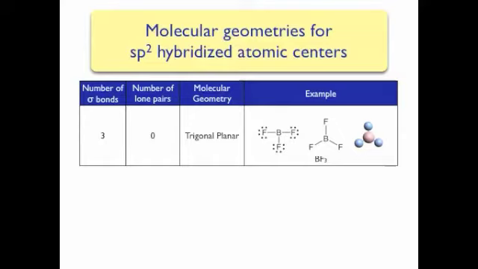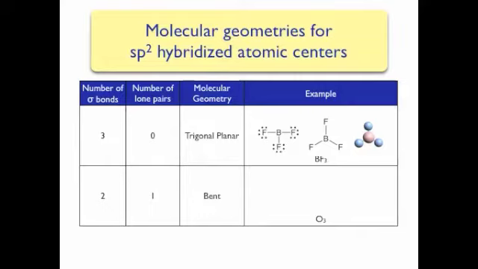An example of a trigonal planar molecule is boron trifluoride. Note that in this example, we draw a Lewis structure on the left, a geometrically realistic structure in the center, and a ball stick model drawn in Avogadro on the right.